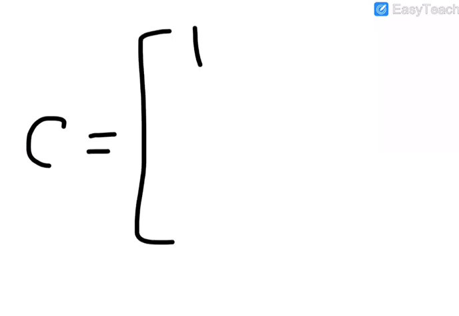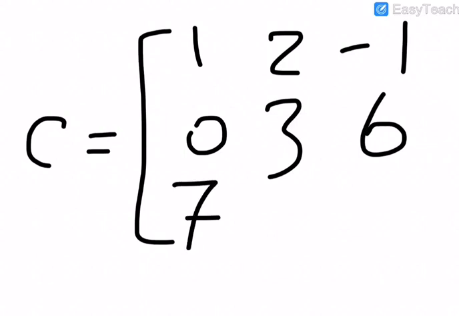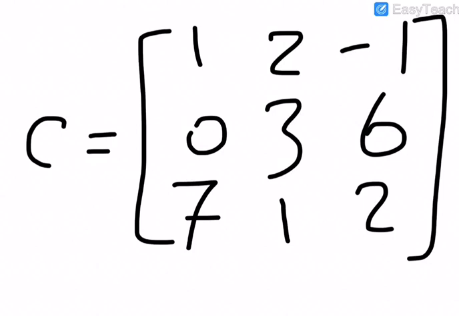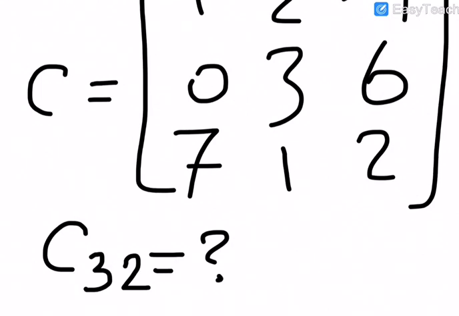That's simple. Let's give an example. Let's consider the matrix C equal to 1, 2, -1, 0, 3, 6, 7, 1, 2. We are asked to provide C32. C32 means the 3 shows the row number.